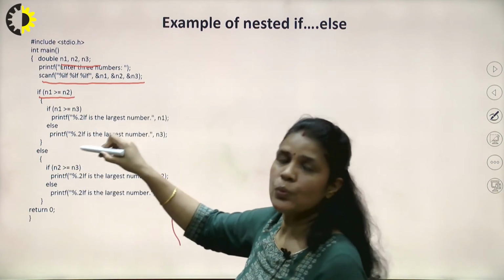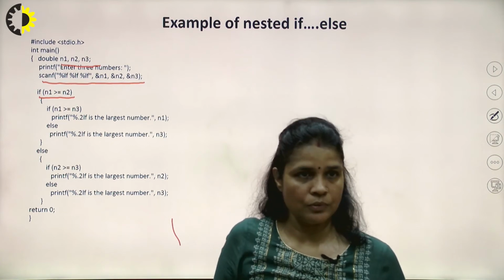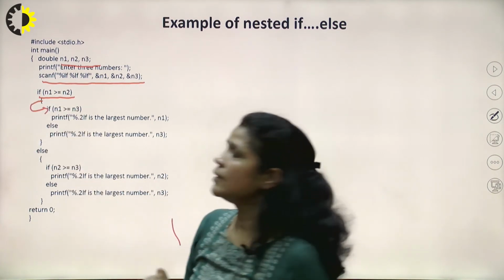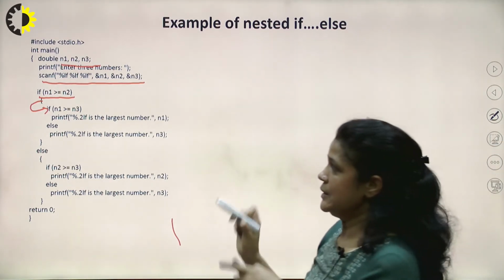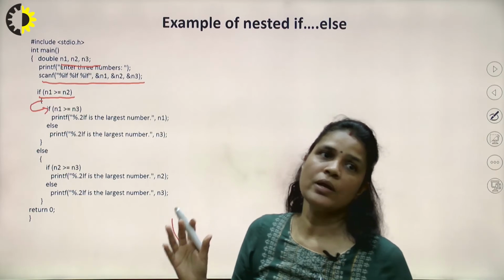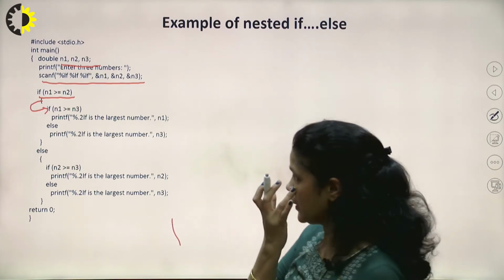Let's suppose this time it is true. Then the compiler's control will come inside this if body. It is clear that N1 is greater than or equal to N2, only then the condition will be true, right?